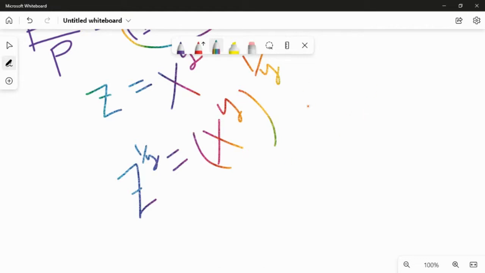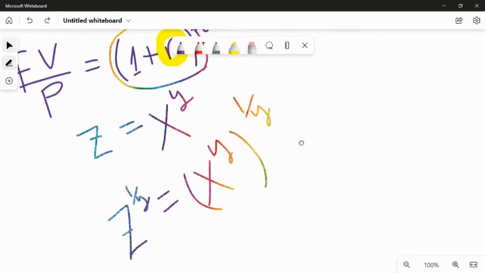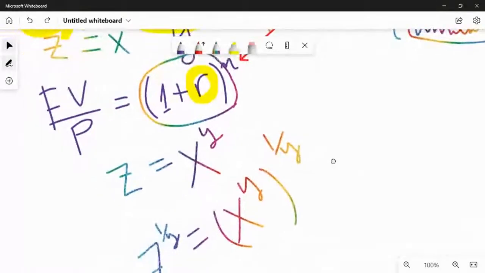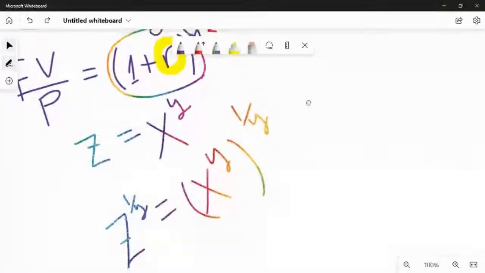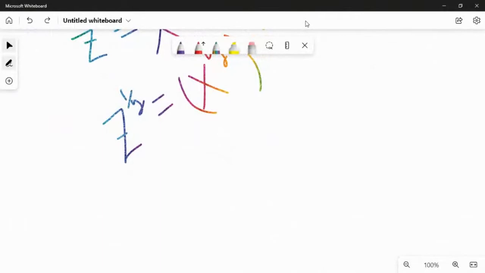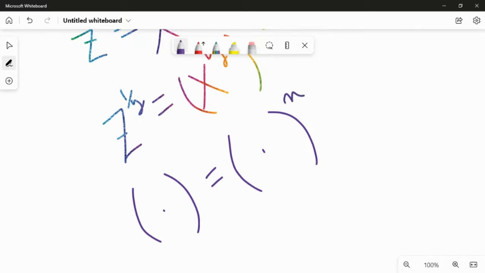So now we understand what is going on here. Now let's get back to, just to make it simple, the left-hand side. We'll just call it the thing in the bracket, right? And the right-hand side, also let's call it the thing in the bracket. And we had n here, right? I know it's 1 plus r.